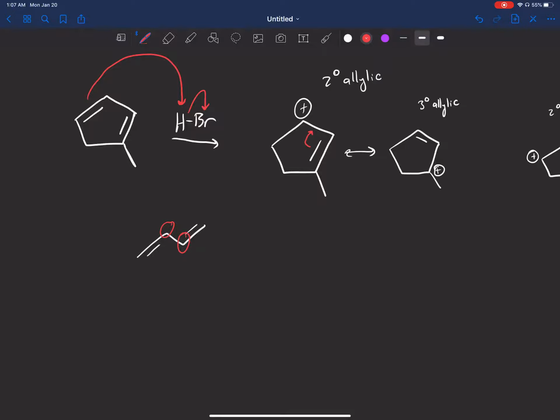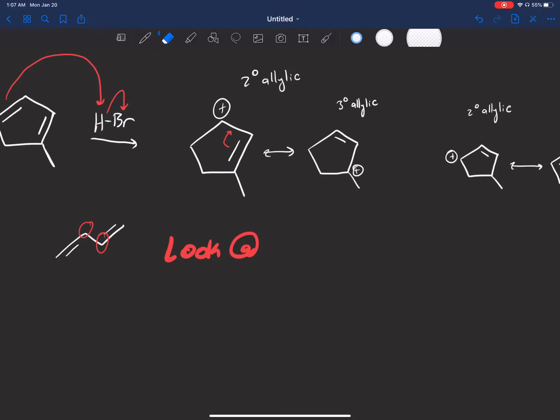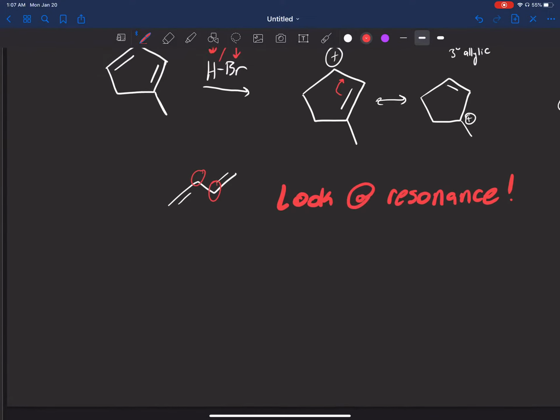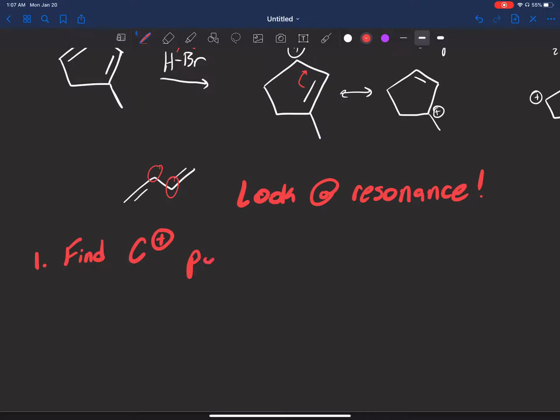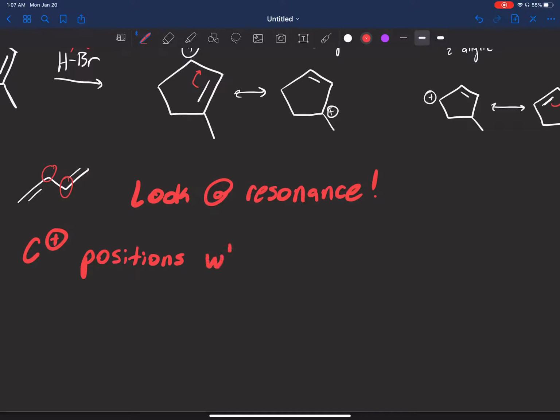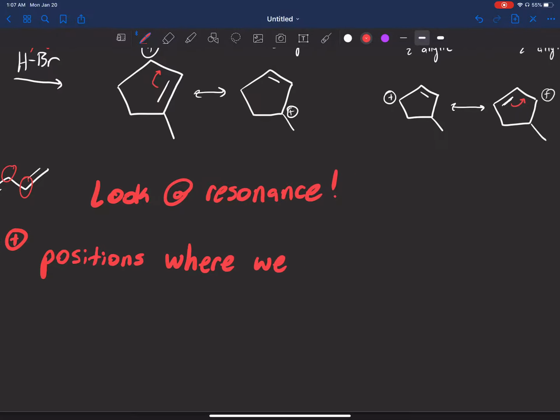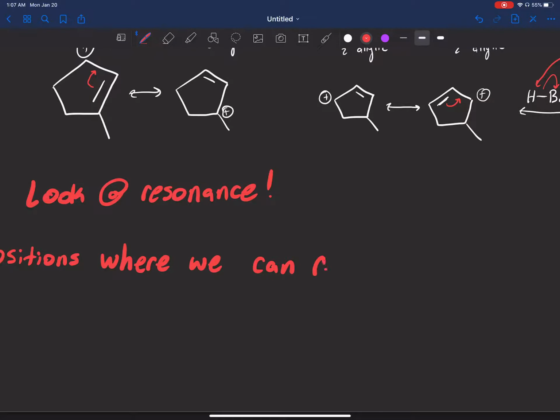All right, so first step, find carbocation positions where we can resonate.